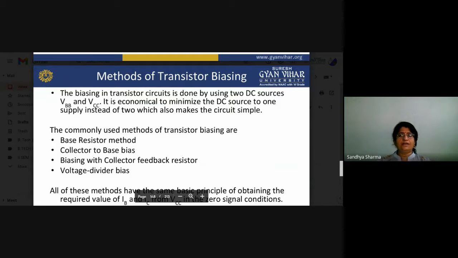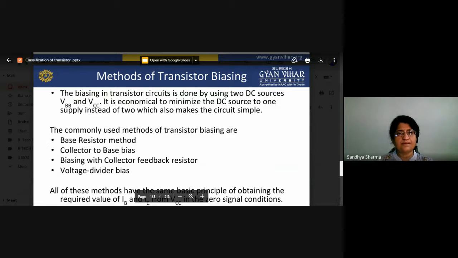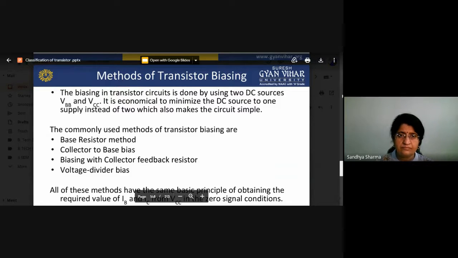Commonly used methods of transistor biasing are the base resistor method, collector to base bias, biasing with collector feedback resistors, and voltage divider bias. So these are the four types of biasing methods.